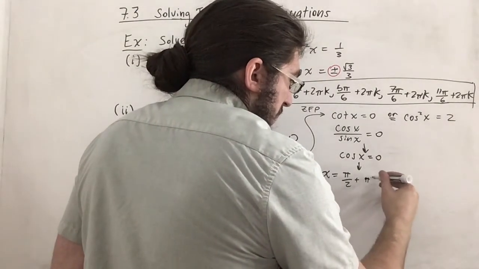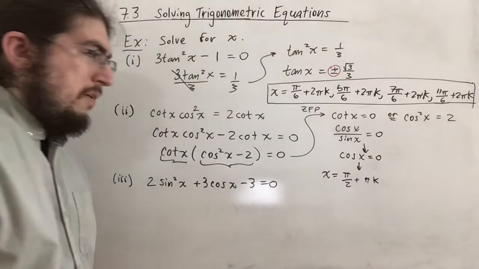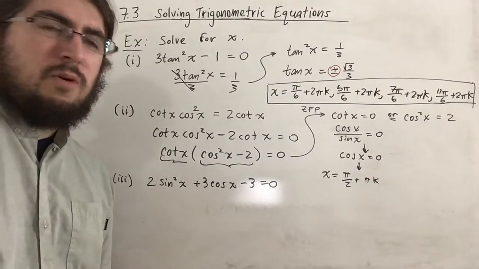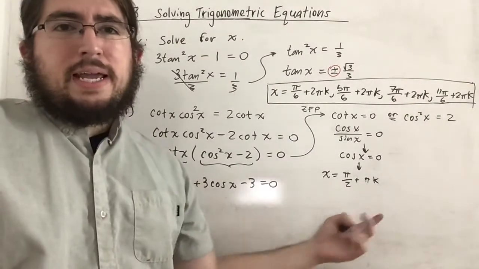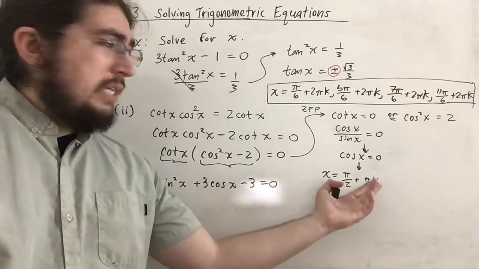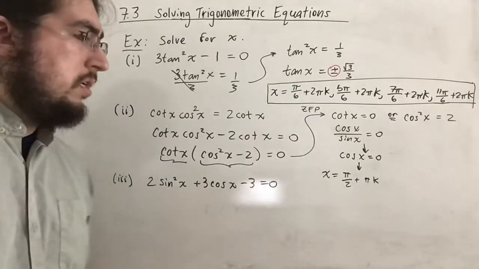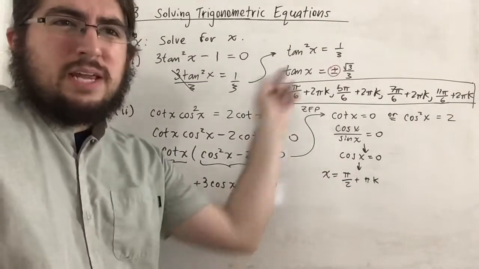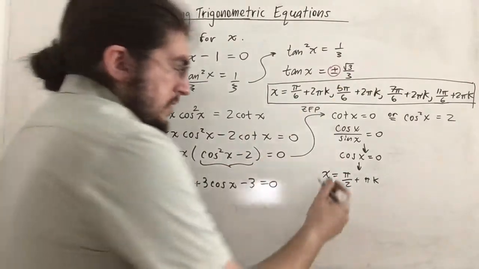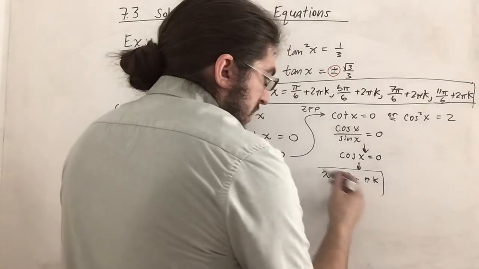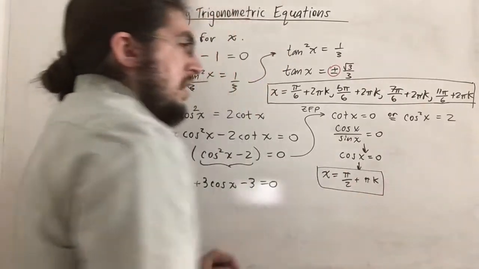But actually, if you just write it like this, pi over 2 plus pi k, that actually kind of works, because pi over 2 plus pi is 3 pi over 2. So adding pi k includes the 3 pi over 2 solutions. Kind of what I said here, only here I didn't write it, but here I am writing it. So this is one set of solutions, but now what about this?